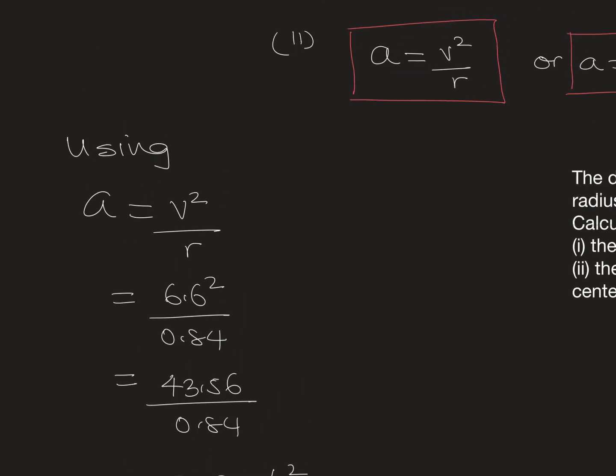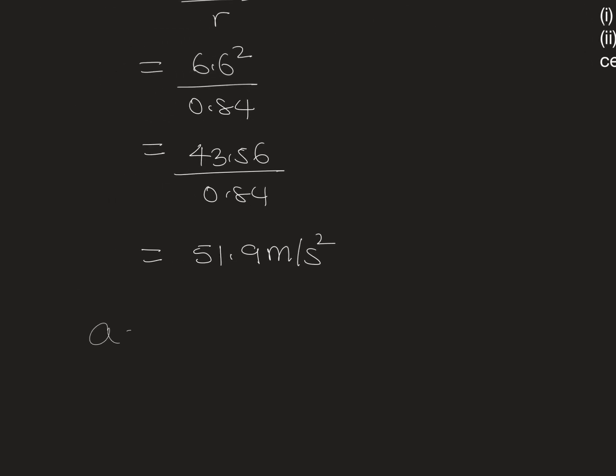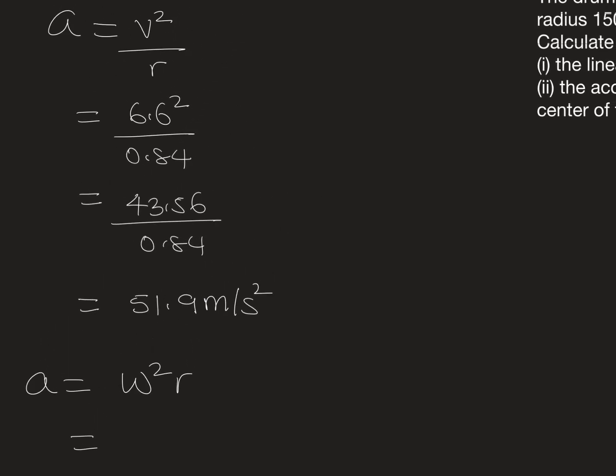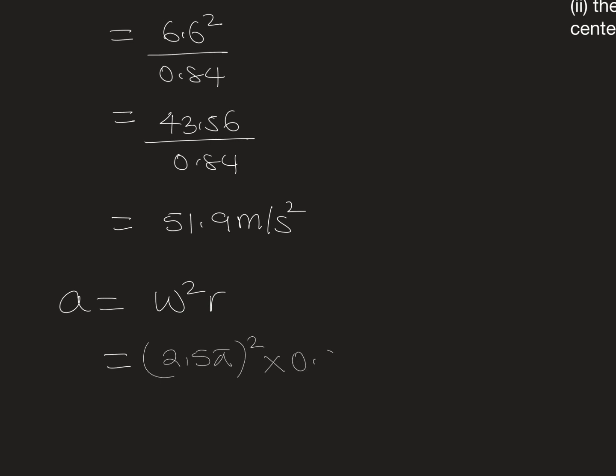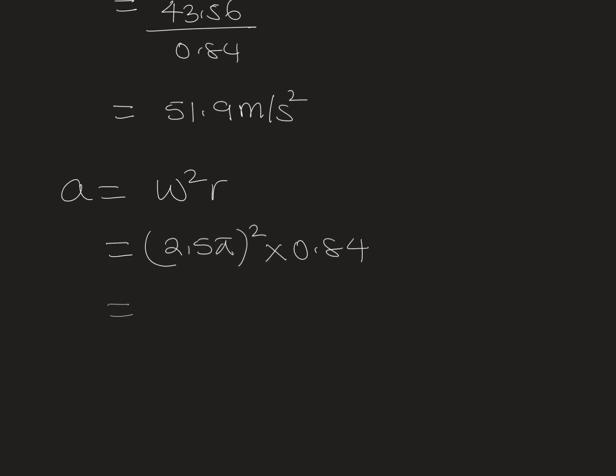If I want to use acceleration is equal to omega squared r, omega is calculated as 2.5 pi, right? 2.5 pi all squared, multiplied by r, which is 0.84. What is 2.5 squared? It is 6.25 pi squared times 0.84. 6.25 times 0.84 is 5.25 pi squared.